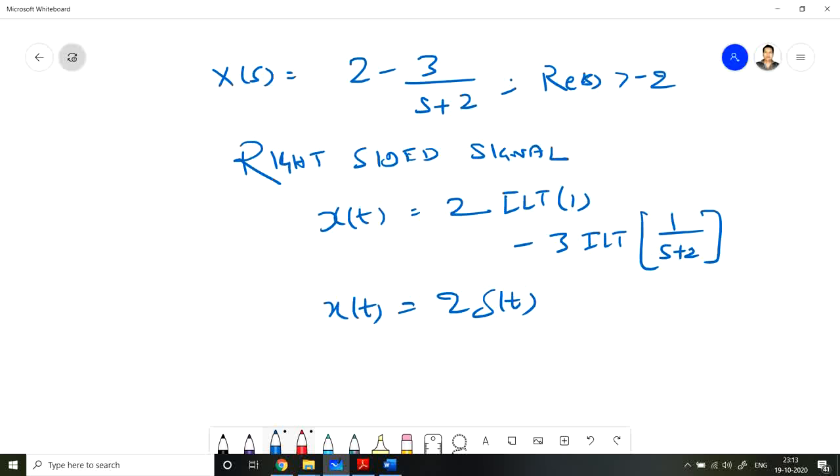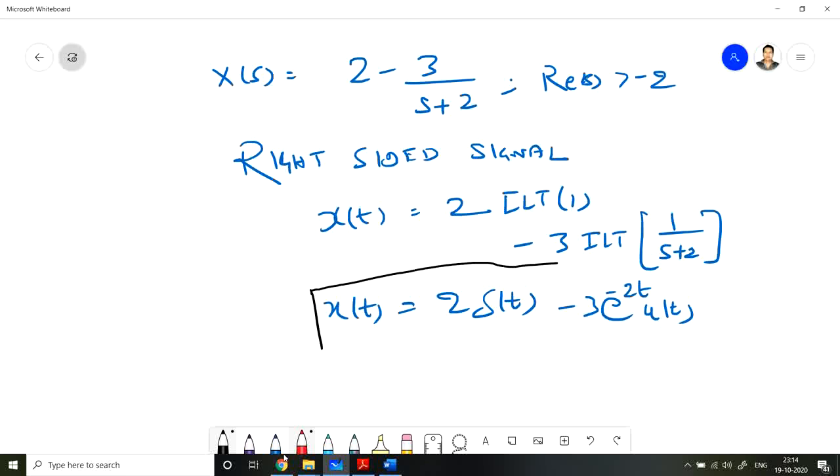And the other term is 3 e raised to the power minus 2t into u(t). Please check this relation. So the solution is 2 delta t minus 3 e raised to the power minus 2t into u(t).